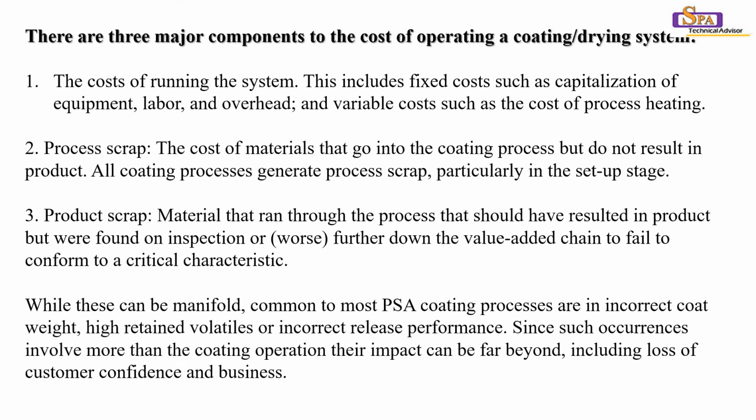While this can be manifold, common to most PSA coating processes are incorrect coating weight, high retained volatile or incorrect release performance. Since such occurrences involve more than the coating operation, their impact can be far beyond, including loss of customers' confidence and business.